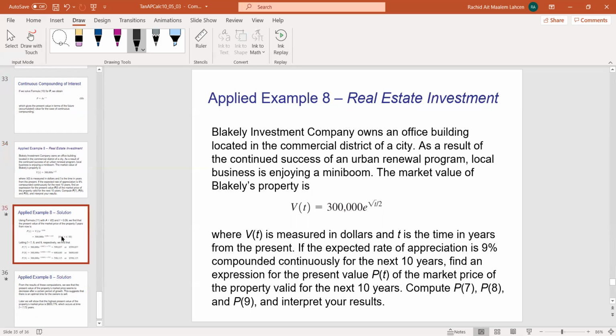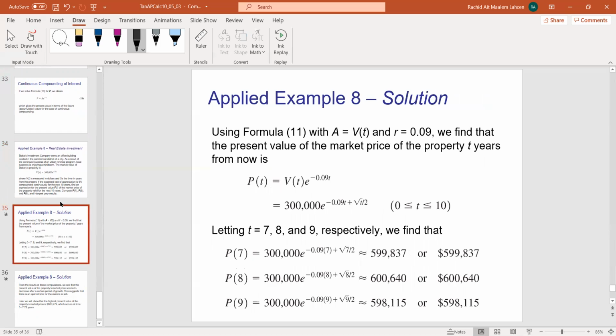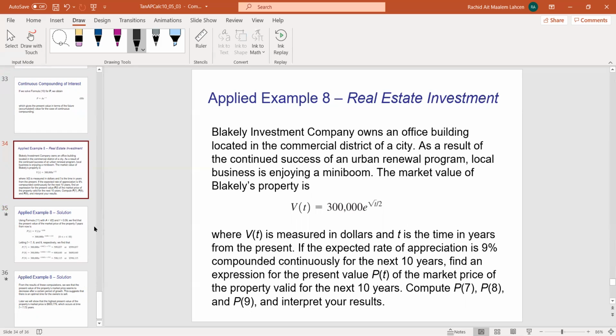This is for real estate, and you have the market value as 300,000 times e to the square root of T divided by 2, where V(T) is measured in dollars and T is the time in years from the present, and the expected rate of appreciation is 9% compounded continuously for 10 years. Find an expression for the present value of the market price of the property valid for 10 years, compute P7, P8, and so on.